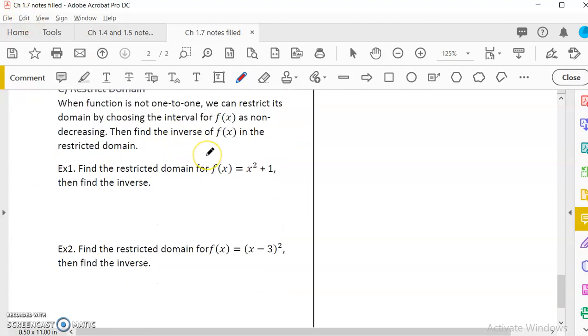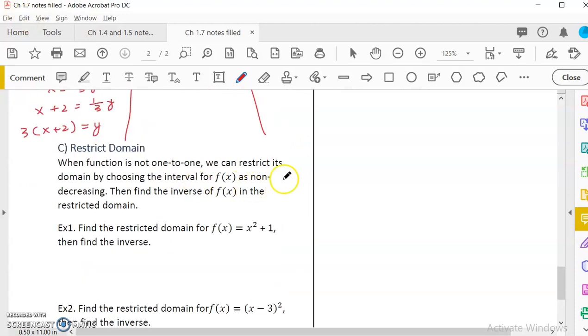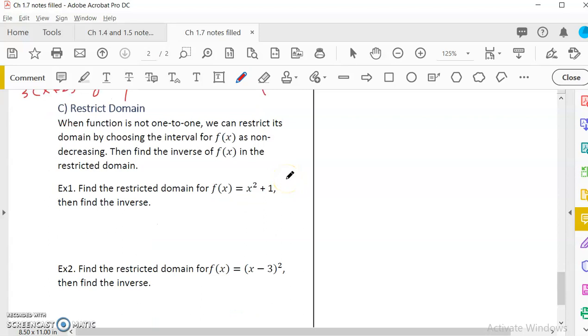The next thing we want to talk about is restricting the domain. Sometimes the function is not one-to-one and you really want to find an inverse. What can you do? Can you just say there's no inverse? We can actually restrict the original function to a restricted domain so that it becomes one-to-one. A good example would be f of x equal to x squared plus 1. So I draw the picture here. X squared plus 1 is like this, right?